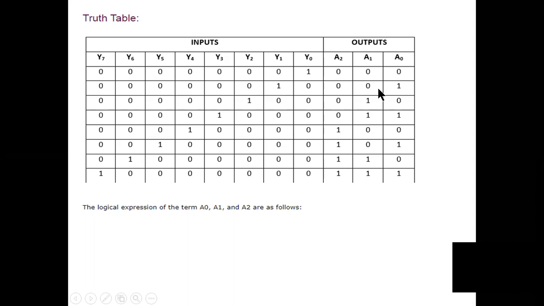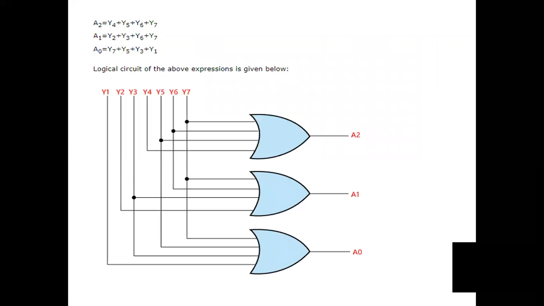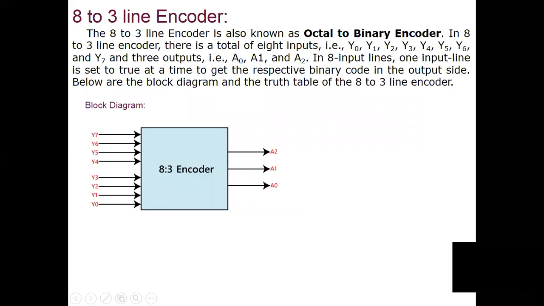For Y1, only Y1 will be activated. Likewise, you have Y7 means all will be enabled, that is 1 1 1. So it is a truth table. Then this is the designed logical circuit for the expression of your 8 to 3 line encoder.